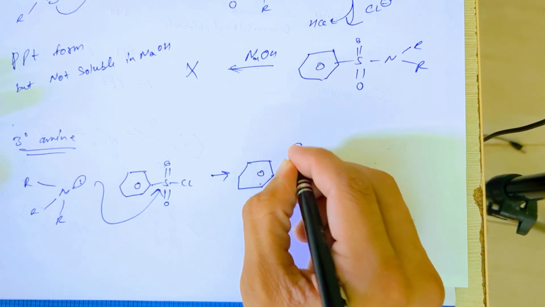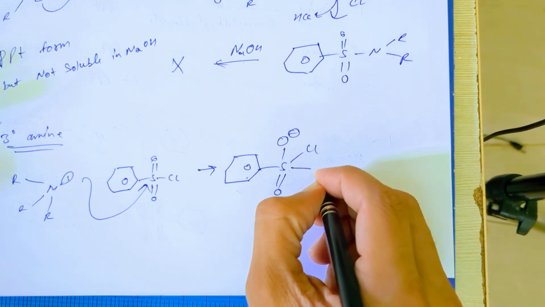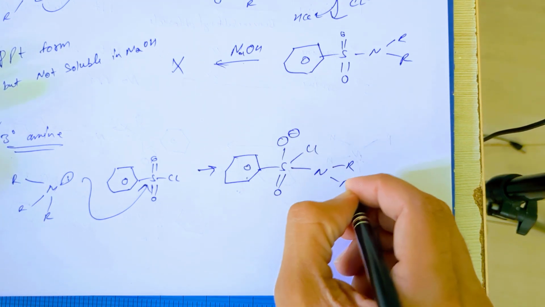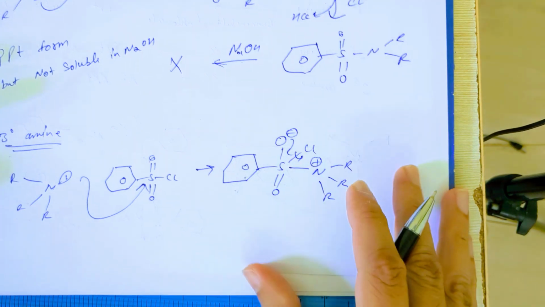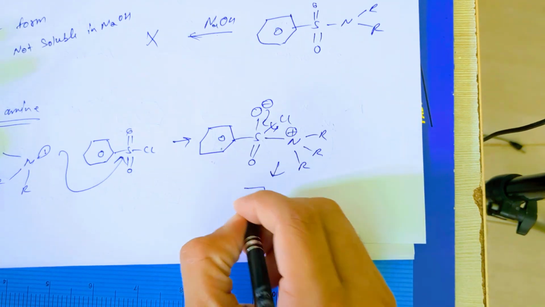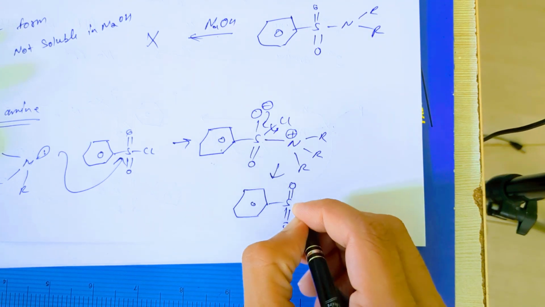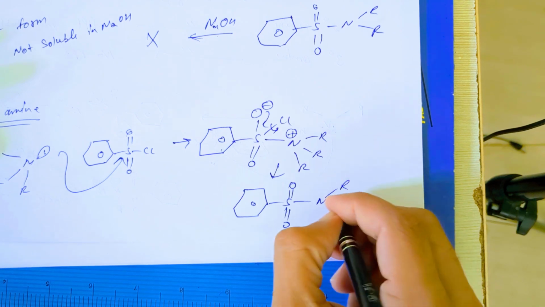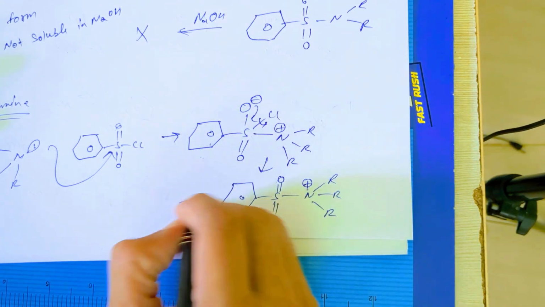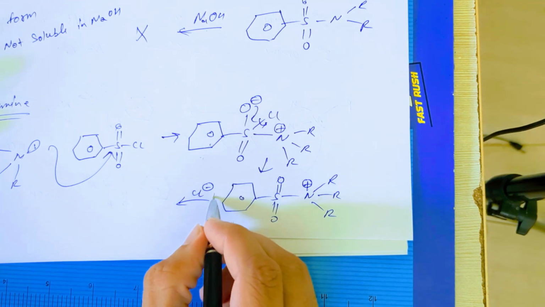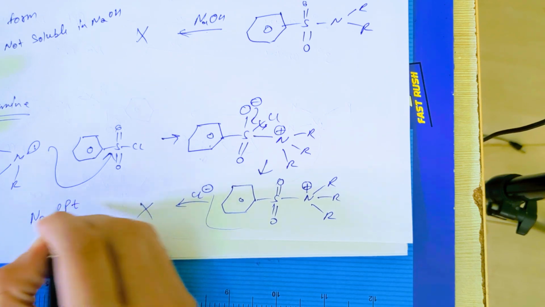Because a chlorine anion will be produced, but that chlorine anion can't take any hydrogen because there is no hydrogen on this nitrogen, because it is tertiary amine. So there will be no further reaction, no precipitate formation, no PPT.